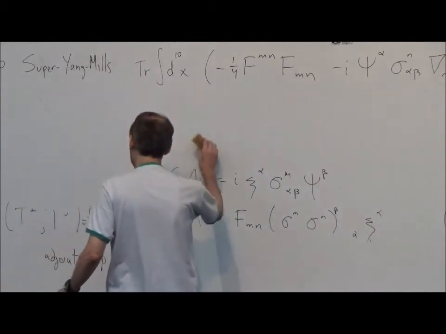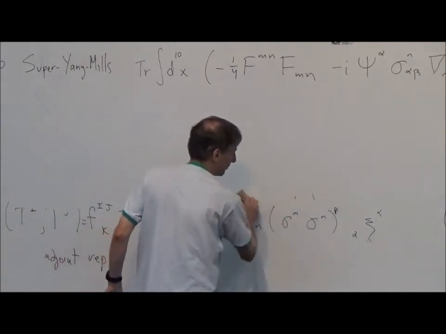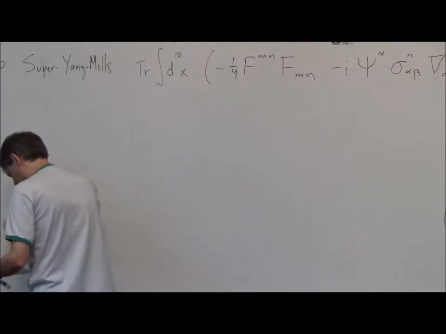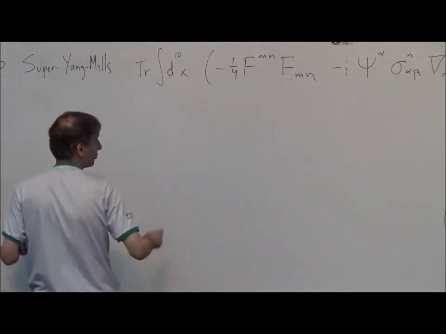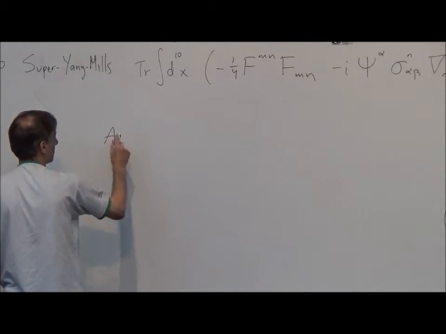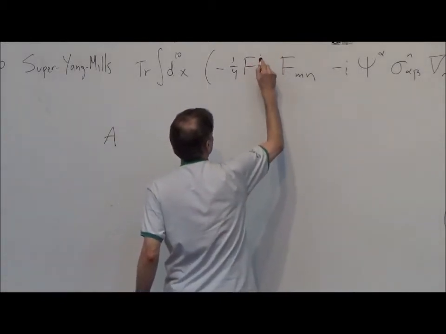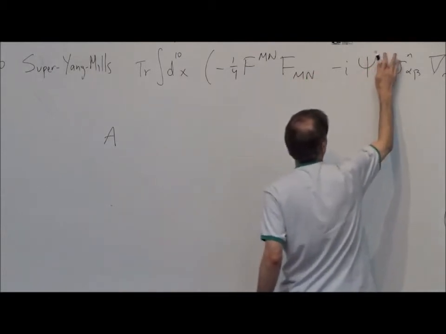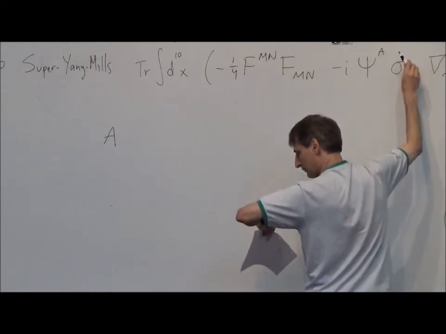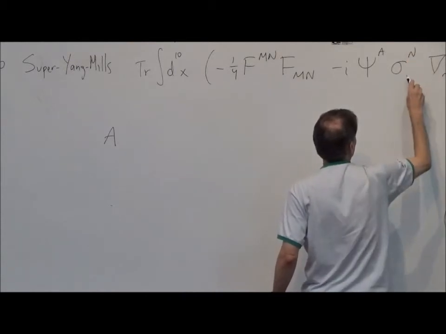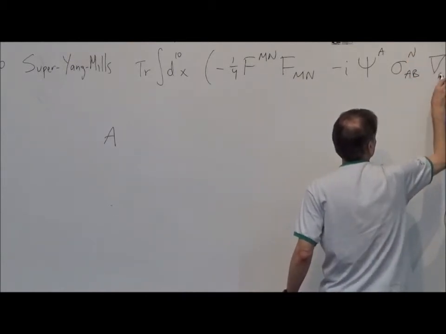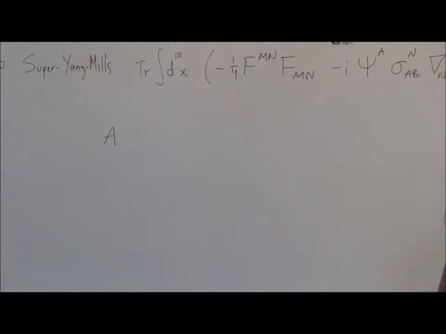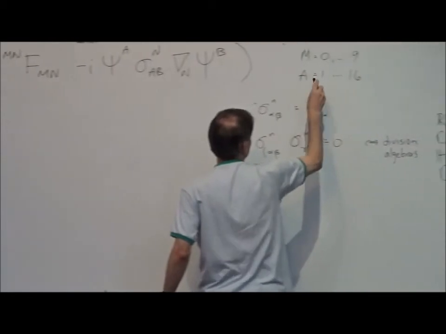Okay, so what happens when we do dimensional reduction? I'll start the story now, but I will finish it tomorrow. So we have to decompose the field. Because we're going to use both 4-dimensional and 10-dimensional indices, I'm going to use capital N from 0 to 9, and capital A is 1 to 16.